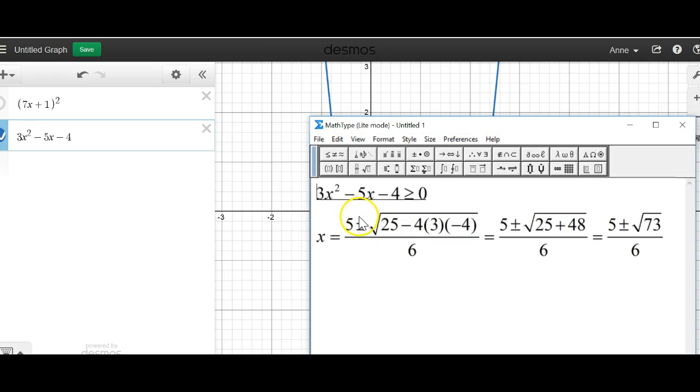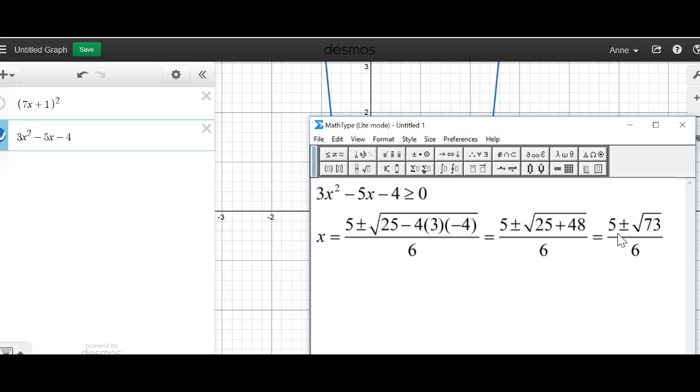So I'm using the quadratic formula, and I get 5 plus or minus the square root of 73 over 6. In WebAssign, don't try to enter that as a decimal because that's an approximation and WebAssign won't take it. So the smaller 0 is going to be 5 minus the square root of 73 over 6. And the larger 0 is going to be 5 plus the square root of 73 over 6.